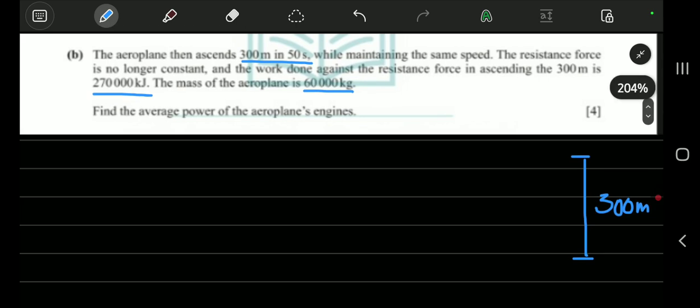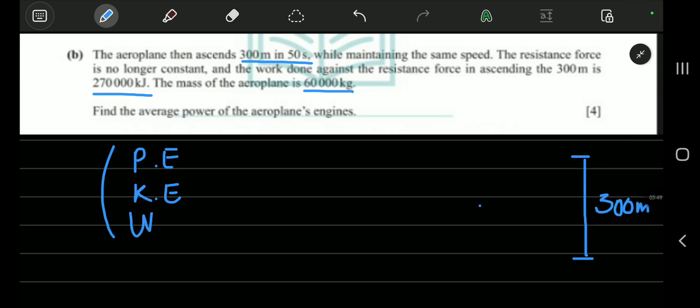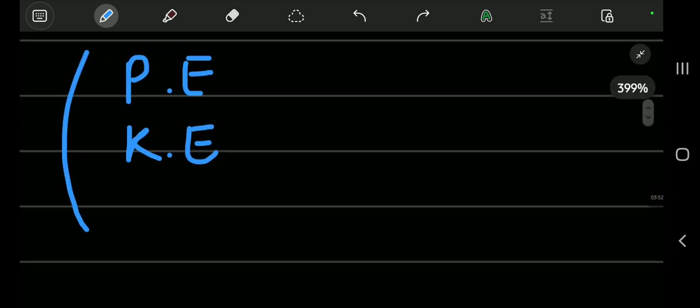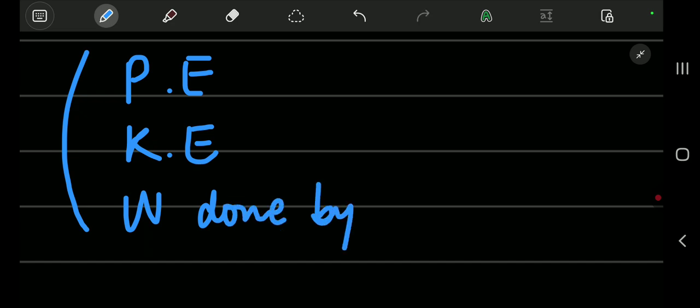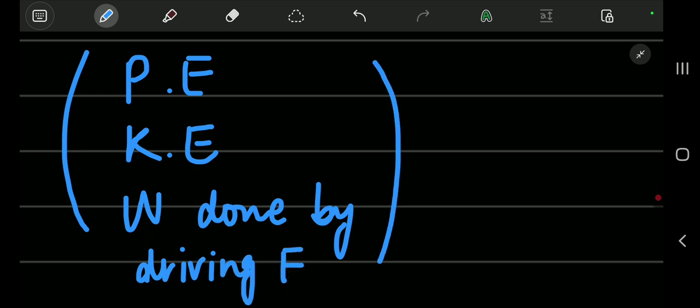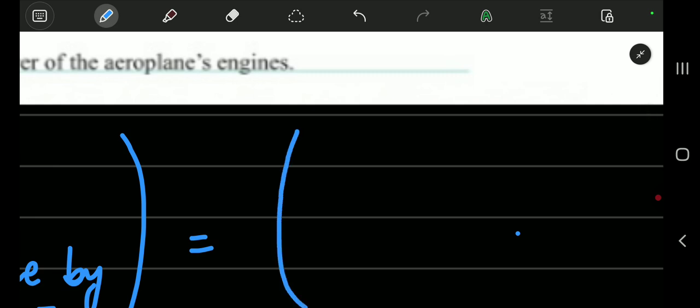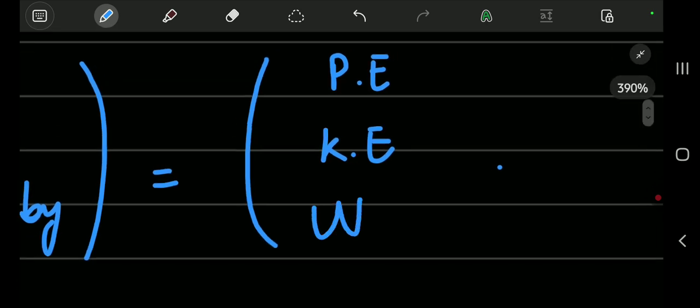After trying many methods, the best method that I got is to equate the potential energy and kinetic energy before, and work done by driving force, should be equal to the potential energy after, kinetic energy after and work done by the resistive force.